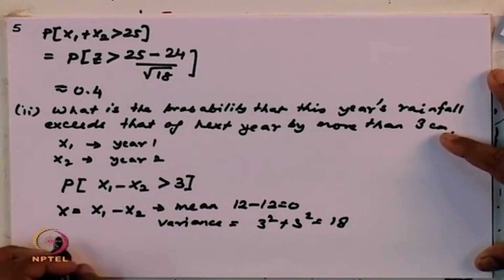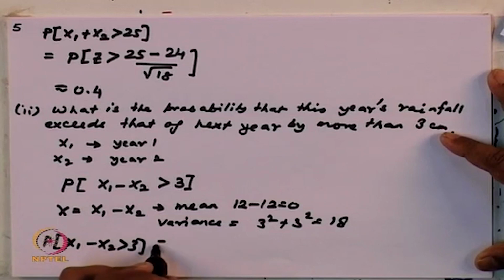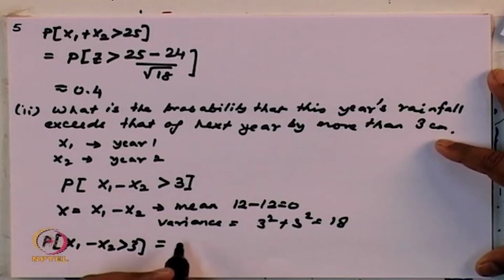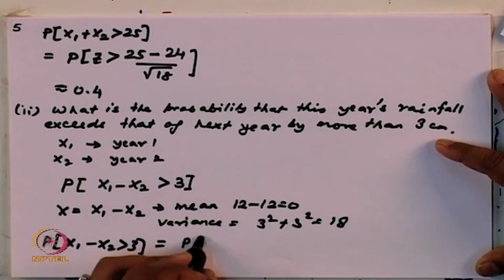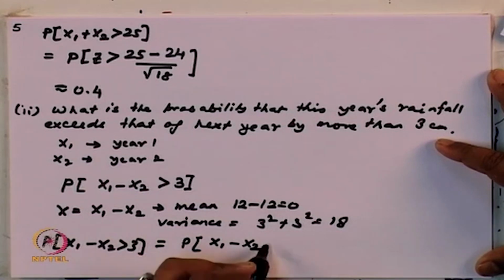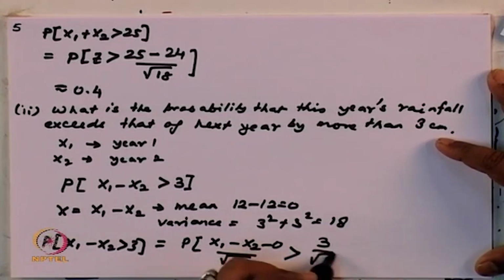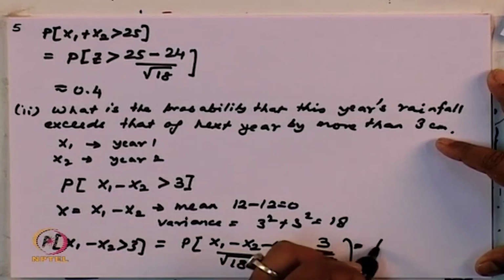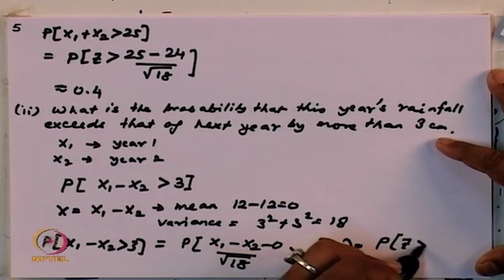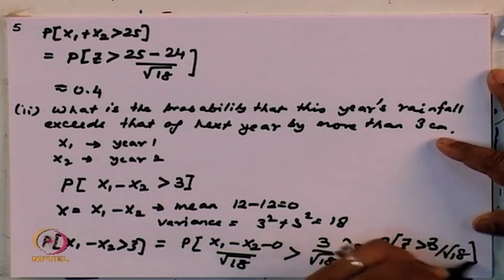So, the probability of X1 minus X2 greater than 3 is nothing but the probability of (X1 minus X2 minus 0, where 0 is the mean) by root of 18 greater than 3 by root of 18, which is the probability of Z greater than 3 by root of 18.